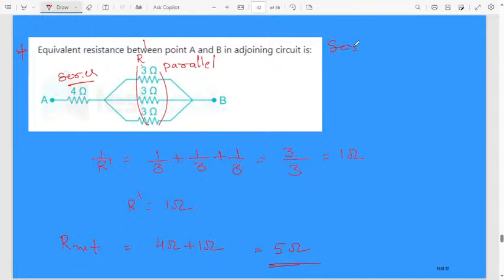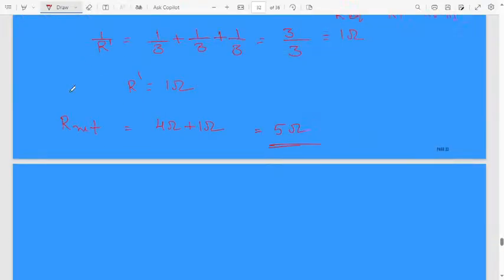When the resistances are in series we add: R equivalent is R1 plus R2, R3, etc. Then if they are in parallel, we consider 1 by R equivalent as 1 by R1 plus 1 by R2 plus 1 by R3. When you are solving such a problem, the resistors in parallel, solve that first, then add with series. That is the easy method. You can get the answer properly.